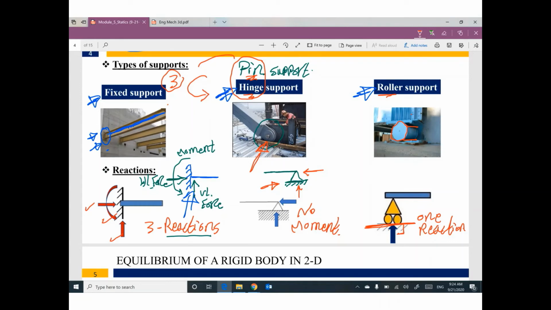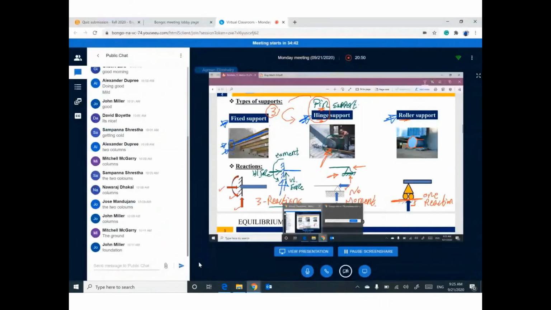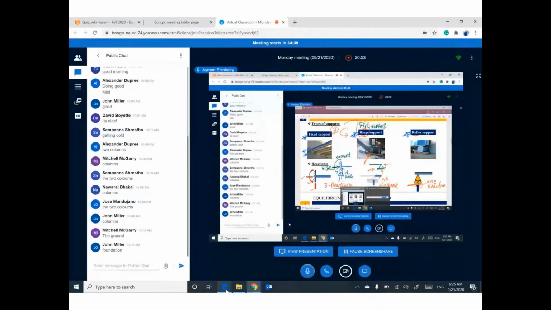If you have hinge, we have two reactions, one vertical, one horizontal. If you have roller, we have one reaction perpendicular to the base of the roller. Guys, any question so far?